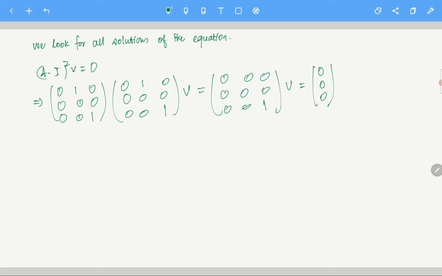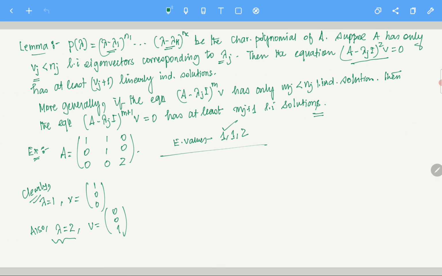Now that will give you the vector which you are going to get. From here you are going to get V3 is 0. So V is V1, V2, V3, where V3 is definitely going to be 0, and V1 and V2 are free variables, so you can choose anything you want.